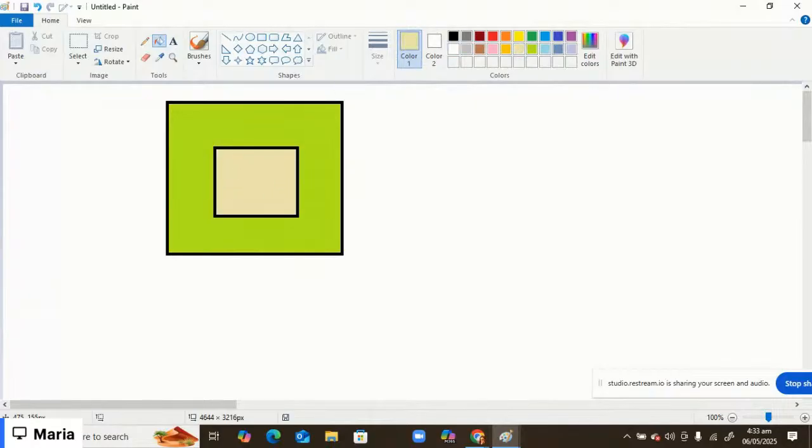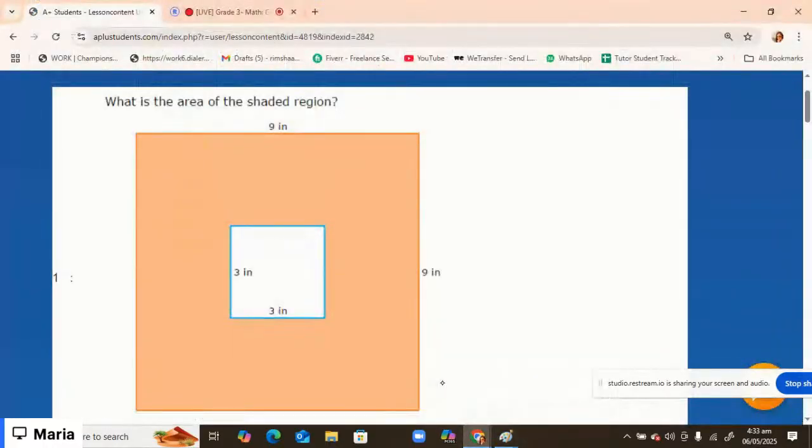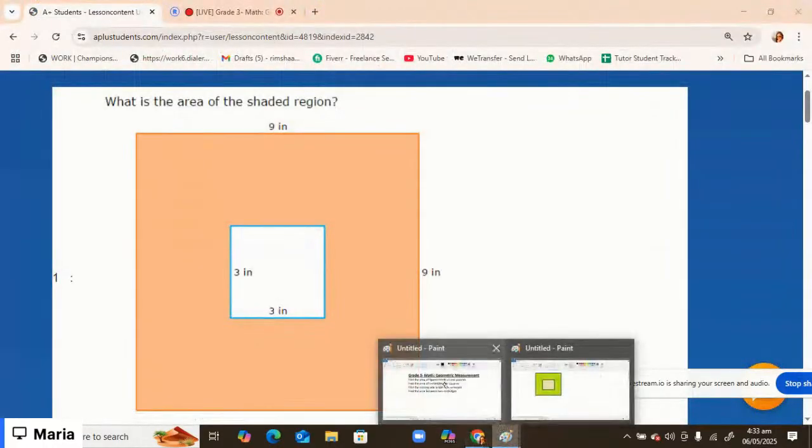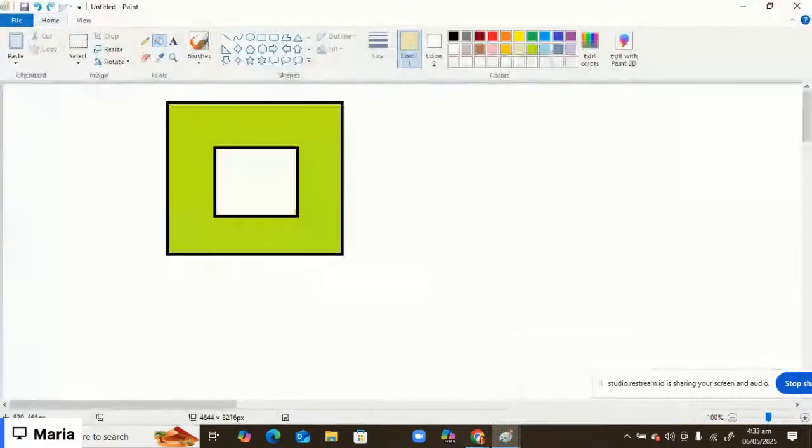We find the area of the shaded region only. Like this green, we find out the area of this one. Both are given, like this one is 3 and 3 and this one is 5 and 5.